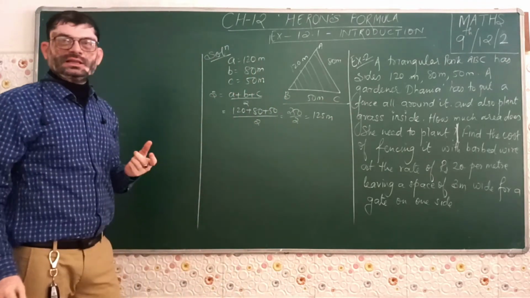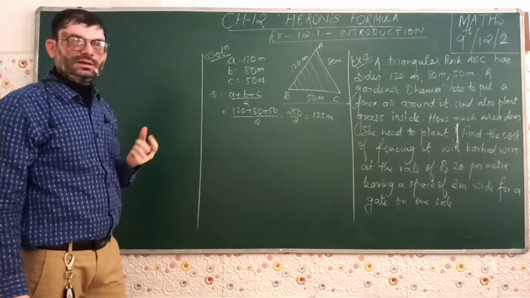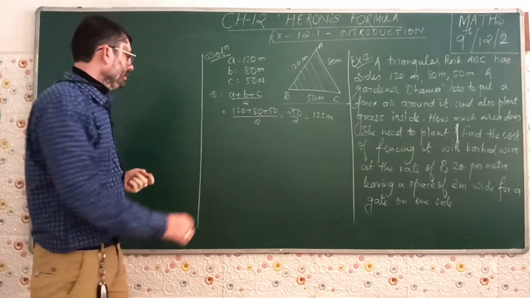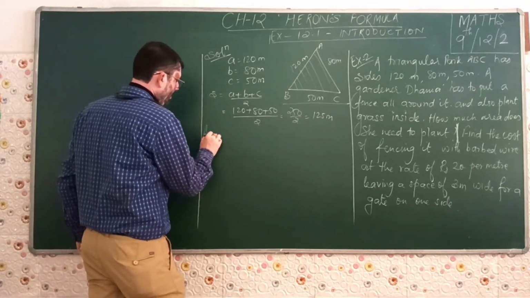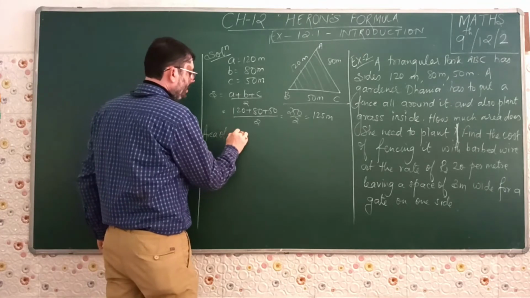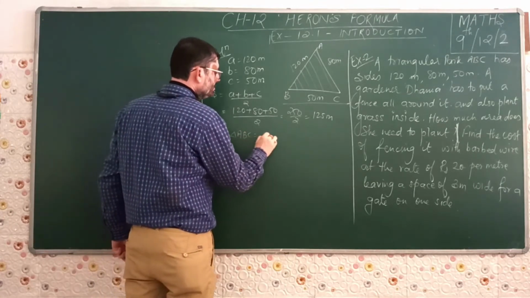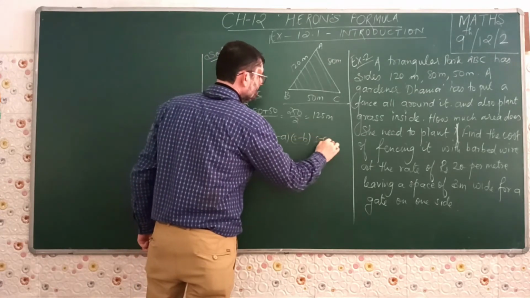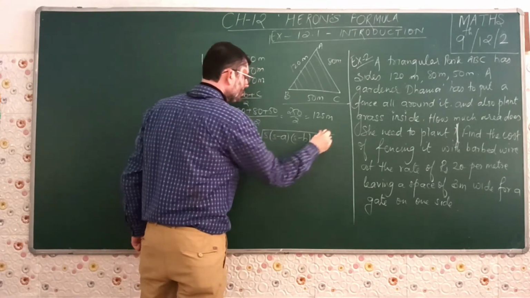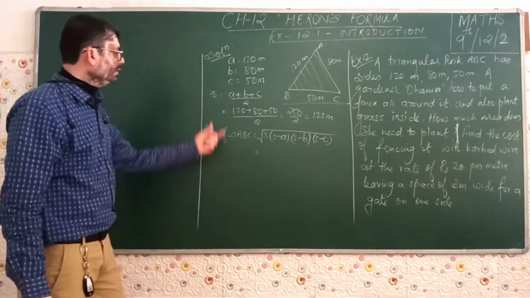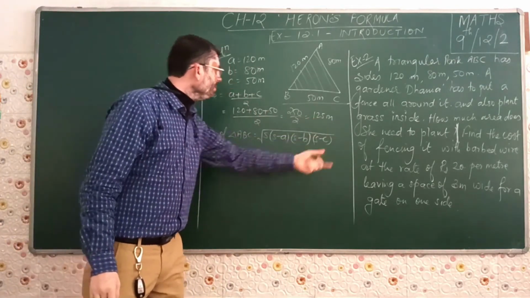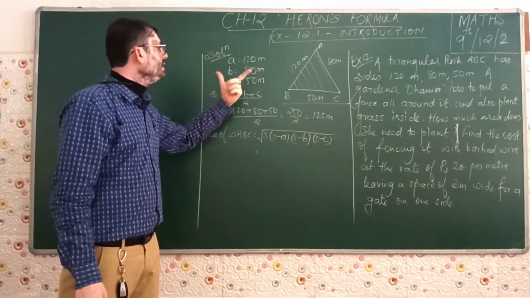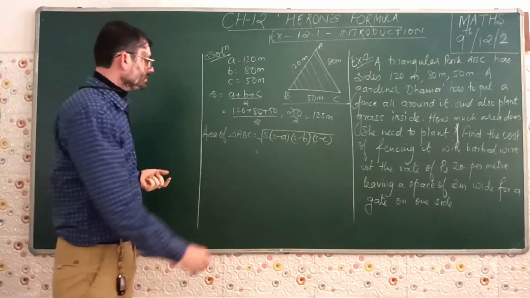Now we will find the area of the triangular part using HERON's formula for area of a triangle. So area of triangular part ABC is given by root of S into S minus A, S minus B, S minus C, completely under root, and substituting the values of S as 125 meter and A, B, C as we have taken, A equals 120, B 80 and C 50 meters.